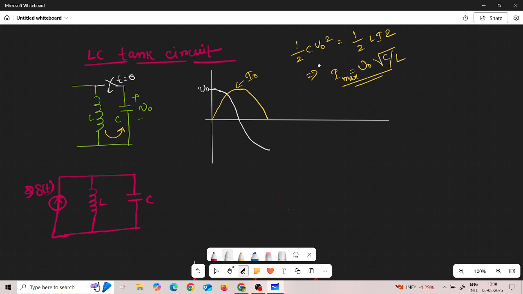Now here the voltage of the capacitor becomes V naught, and the current becomes 0 here. Now the capacitor will charge the inductor in this direction.